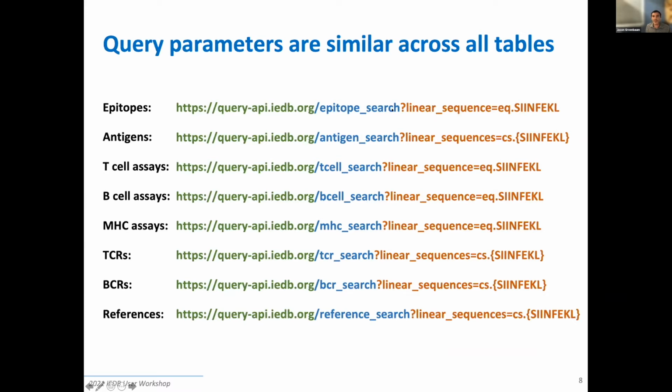So on the epitope table, when you want to search for the linear sequence synfecal, you do what we've been doing here, add that EQ operator. And when you want to pull out the related information in the antigens table, you just change that to contains operator. And you kind of just flip between those two operators to reform your query to pull out the relevant data for any of these tables.